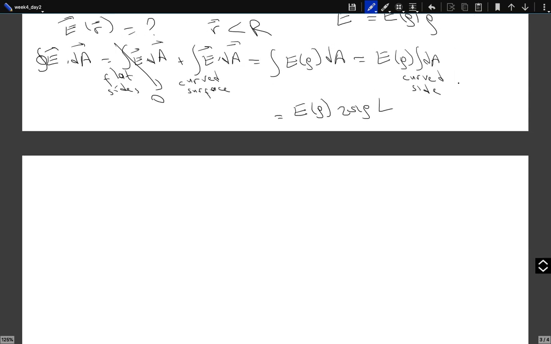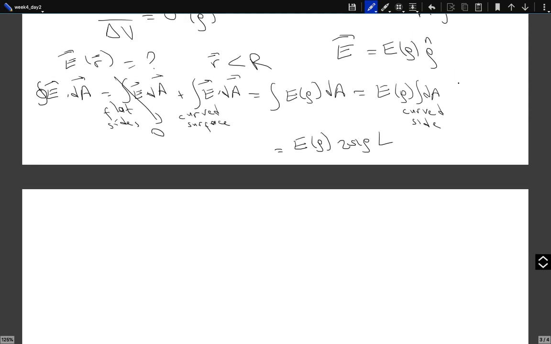Now let's look at how we use Gauss's law. Gauss's law tells me that this integral is equal to the total enclosed charge divided by epsilon 0. Now, what is the total enclosed charge? In the previous case, we knew the linear charge density, the charge per unit length.